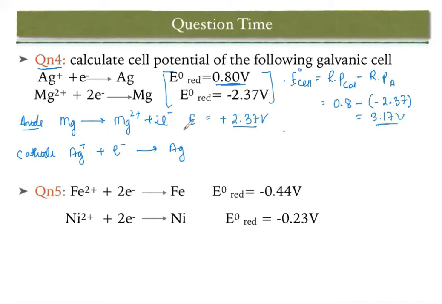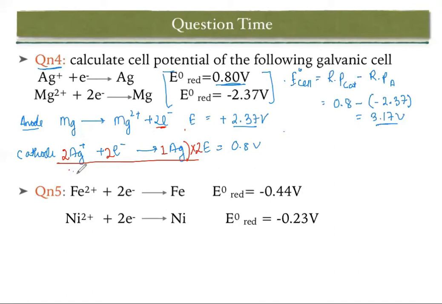Now a bigger question is whether this reaction is balanced or not. No, this reaction is not balanced. So to balance the reaction, what we have to do is just multiply this reaction with 2, because here 2 electrons are there. So this is 2, this is 2, this is 2.